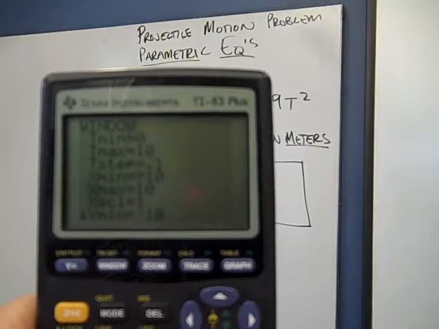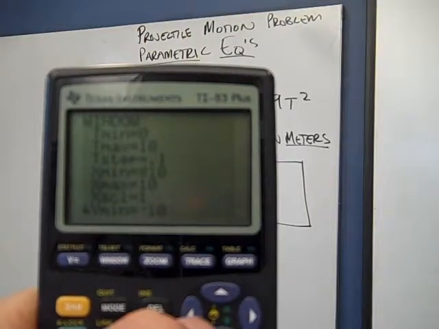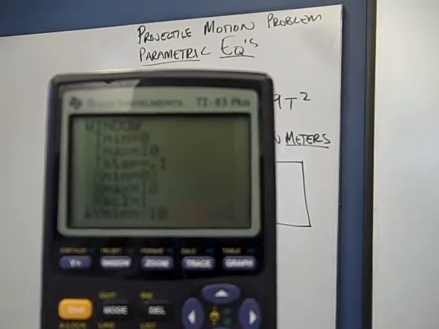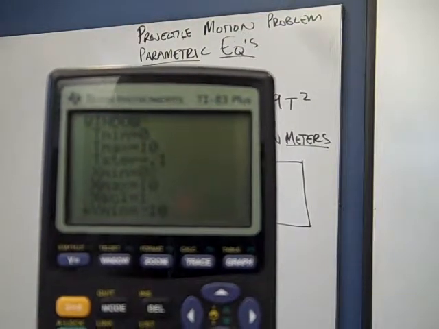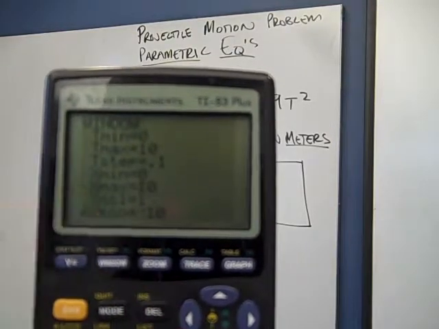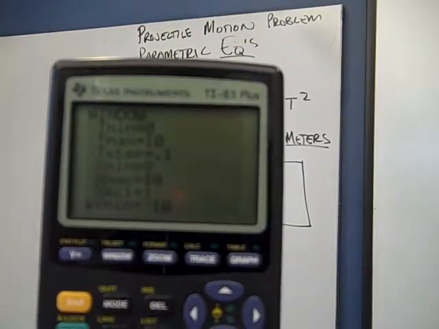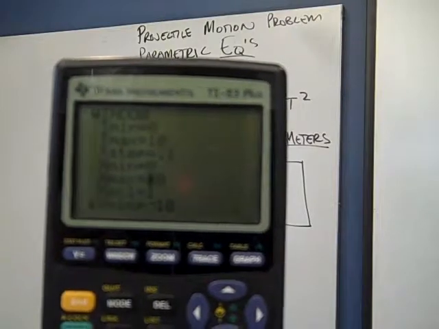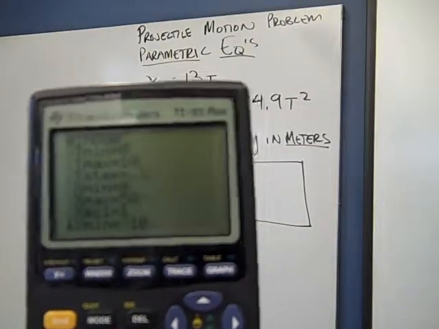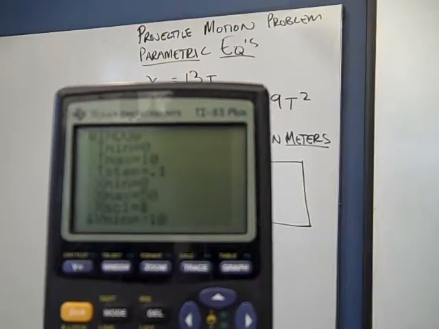So here we go. Our x minimum in our projectile, of course, x is the horizontal direction. We're going to start at 0 at home plate if we're a batter and the ball's going into the outfield. The maximum distance is going to be a little bit of a guess and check thing, but if you're throwing something, typically you can go 20, 30, 40, 50 meters. Try like 50. And then you can have markers every 10.